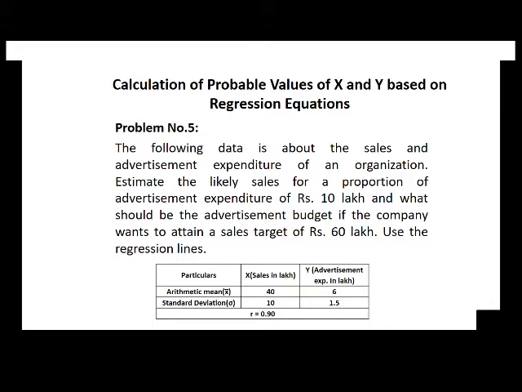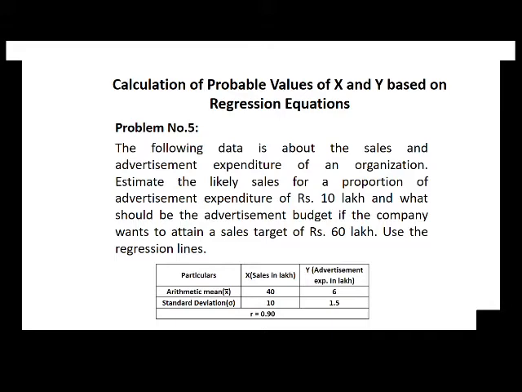Estimate the likely sales for an advertisement expenditure of rupees 10 lakh, and what should be the advertisement budget if the company wants to attain a sales target of rupees 60 lakh. Use the regression equations. In this problem, x represents sales and y represents advertisement.